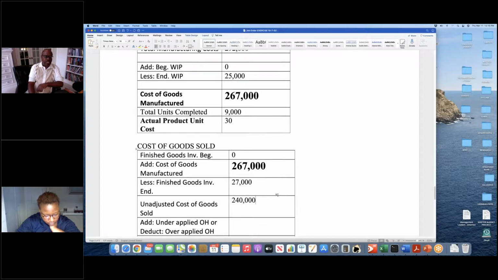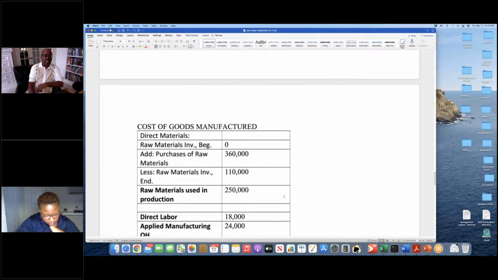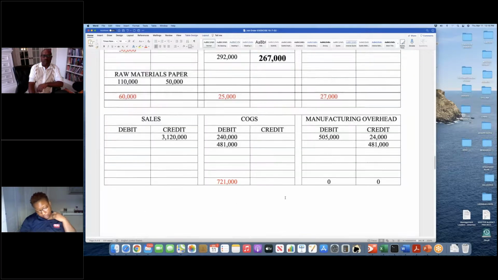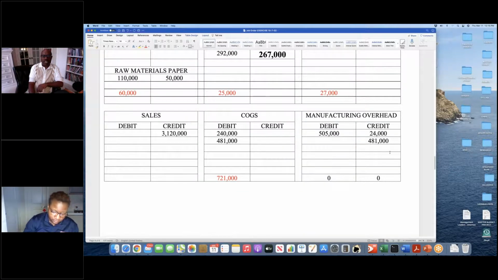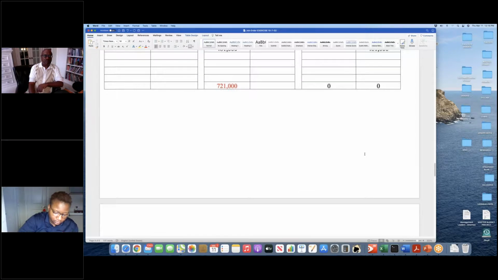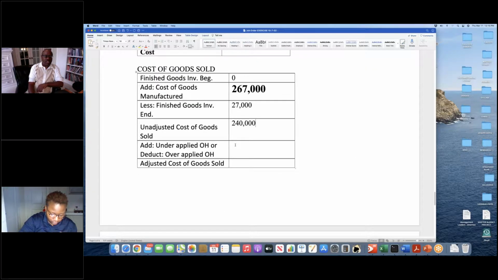Then we have to go to that journal entry and add our over or underapplied overhead. How much do we say that was? 481,000. Yeah. So since we underapplied it, we've got to add it.